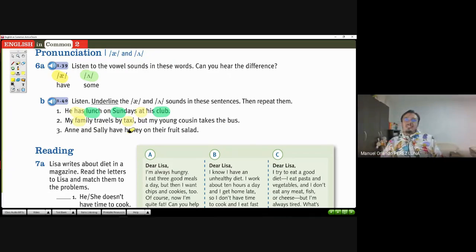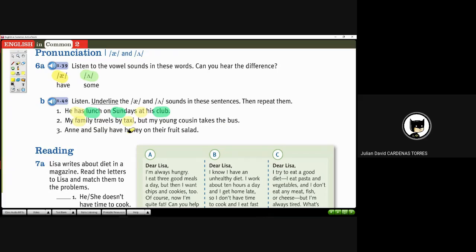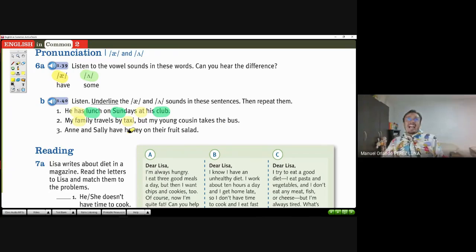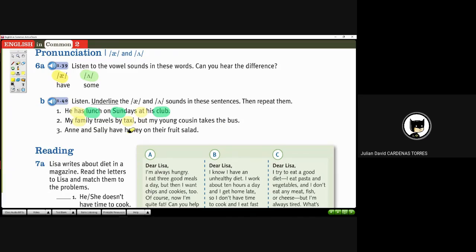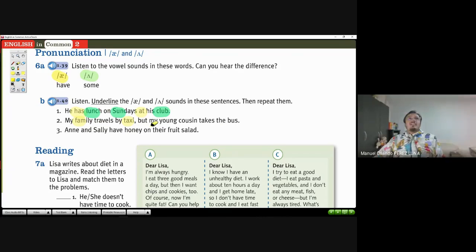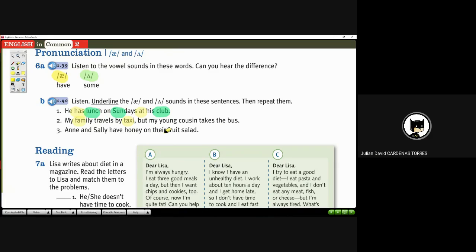You say taxi or taxi? In Spanish we say it one way, in English it is taxi. Okay. But my young cousin takes the bus.